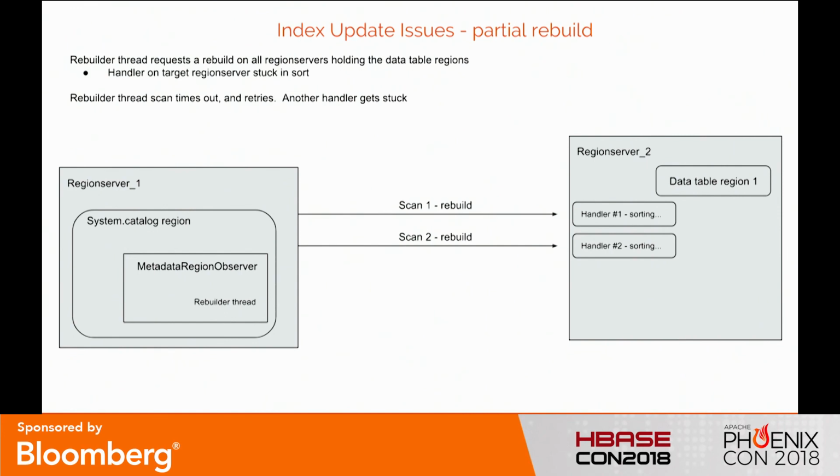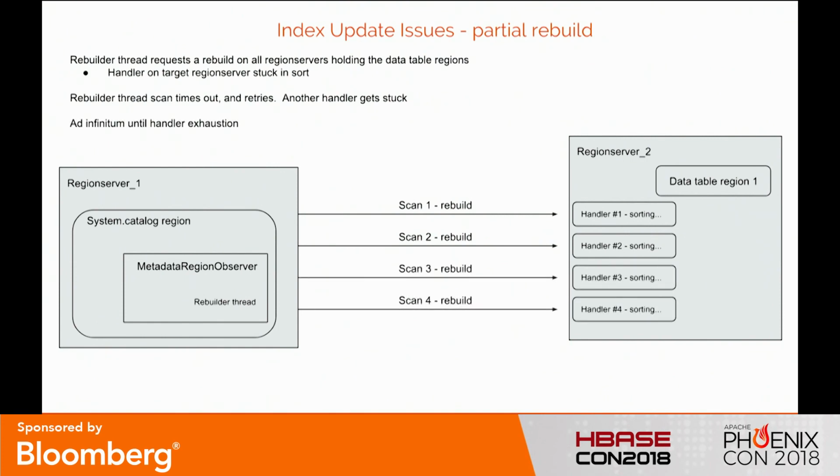So scan 1 is going to time out, and it's going to try to reissue a new scan on another handler. But meanwhile, handler 1 is still tied up because it's stuck in that sort. And you just keep repeating this. If you're stuck in a sort for a really long time, you're just going to eventually run out of handlers.